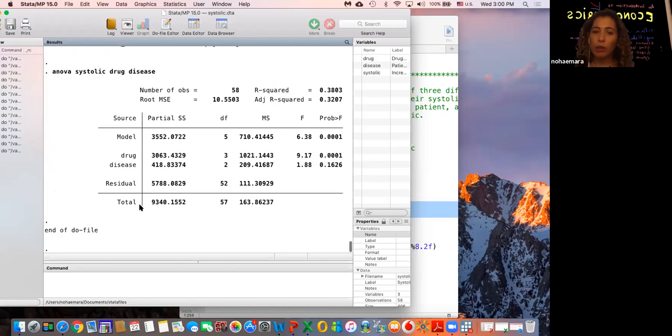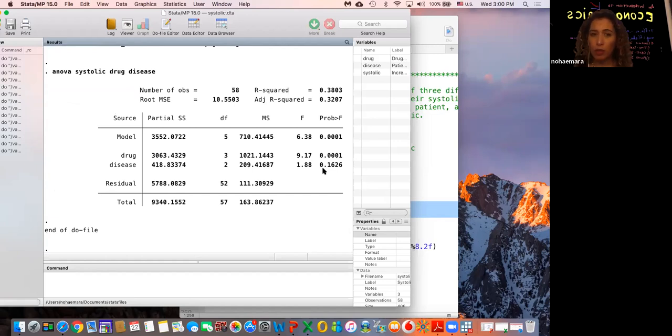Okay, what about moving by disease? Actually, when you look by disease, there is a 16.26% probability that the null is true. What is the null?